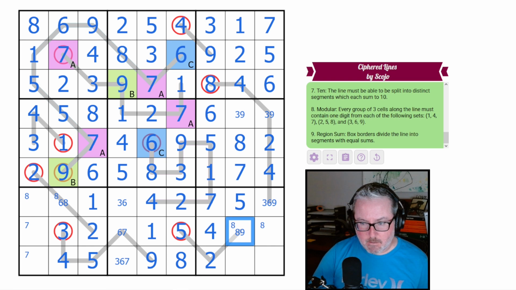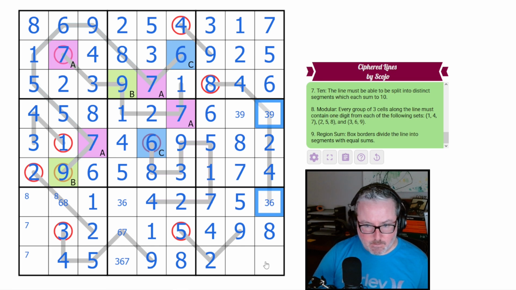The 8 sees the 9. And we said one of these two had to be an 8, so this one now is. This is not a 9. 3, 6, 9. So this is a 3, 6 pair, which means this has to be 9 because of this. Or you could just say 9 and 3. Okay, so this is a 3, 6 pair. What is this?